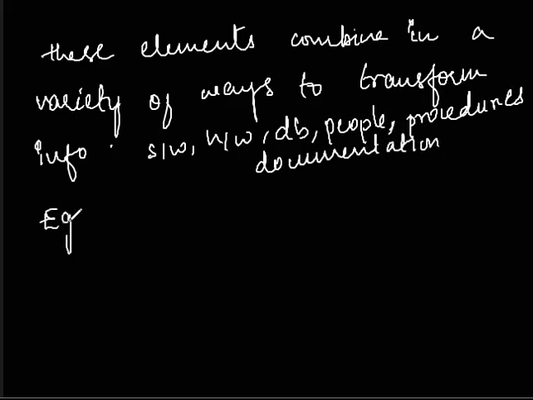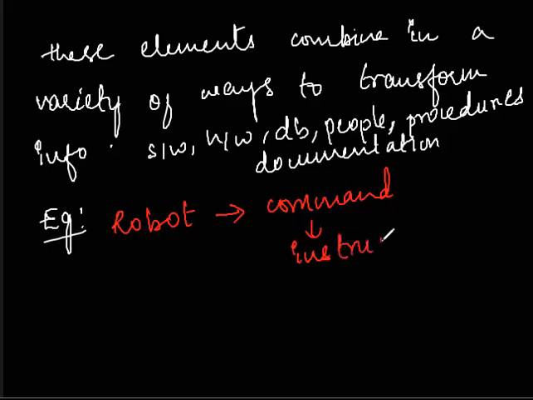I'll take an example for this. Suppose you've got a robot. This robot is going to transform every command file, and the command consists of certain instructions. This robot is going to transform each and every command that has instructions into a set of control signals.